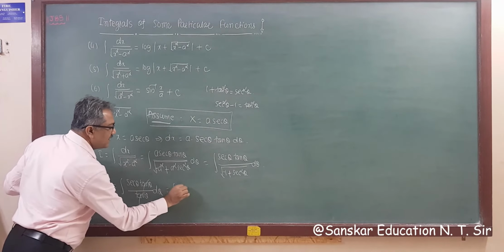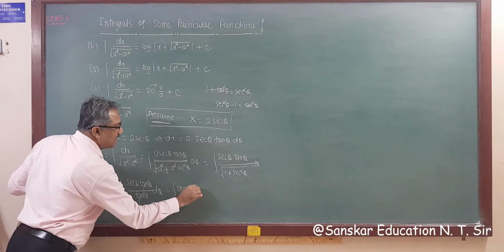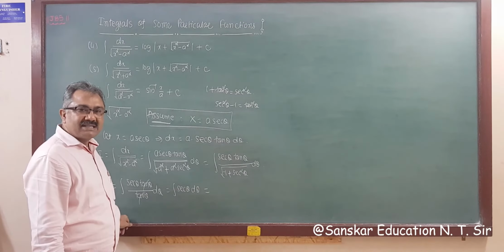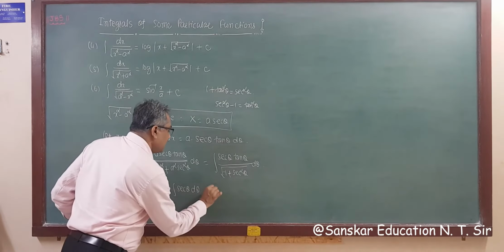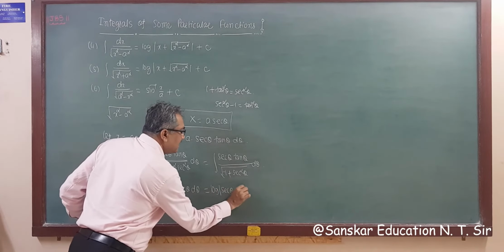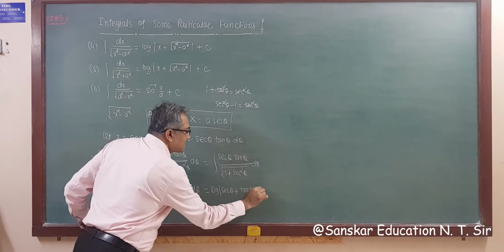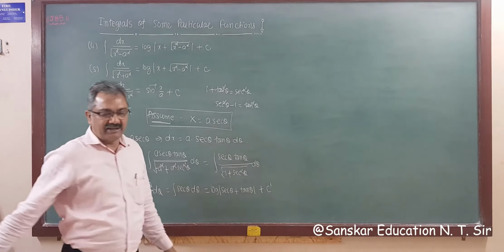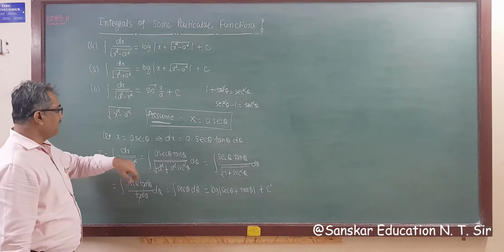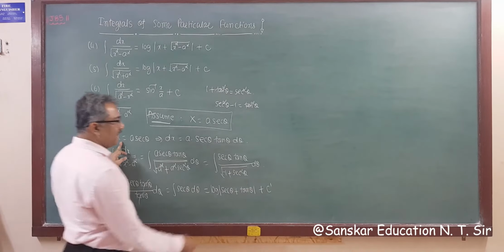So this is integration sec theta d theta, and the integration of sec theta is log mod sec x plus tan x, that is log mod sec theta plus tan theta plus c dash. Now sec theta from here is x by a, right?